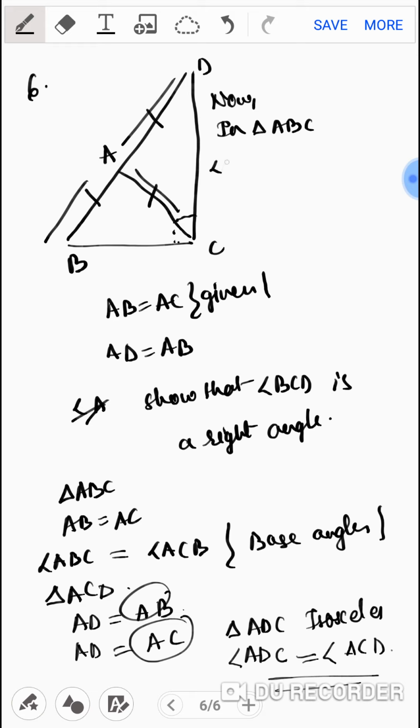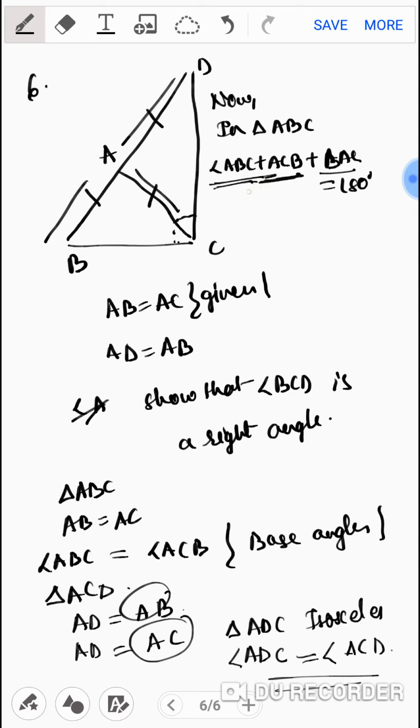Now if you consider triangle ABC, can I write angle ABC plus ACB plus BAC is equal to 180? Angle sum property? Yes. Okay. But angle ABC and ACB are equal.